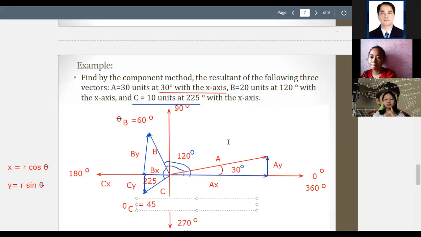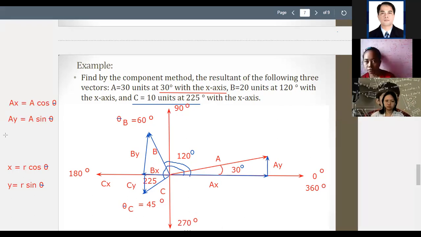Very good. And how did we know that it's 45? That's 225 minus 180. So that's how we get the reference angle there. The reference angles are crucial in finding our corresponding components.